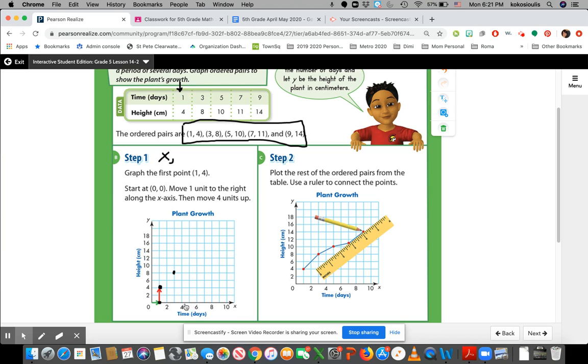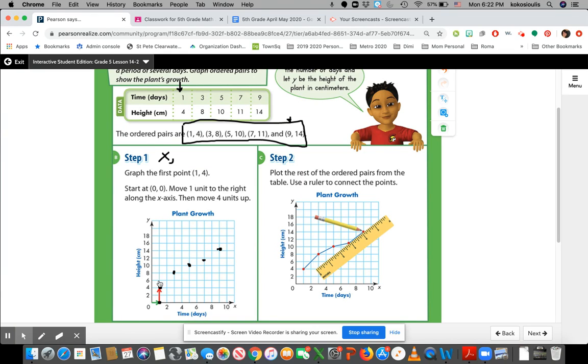He doesn't label 5, but I know what comes between 4 and 6. That's 5. And then I run 5 and rise to 10. Then I run to 7 and rise to 11. Now, 11 is a little bit tricky because it's right in the middle, right there. And then the last data point is I run 9 and I go all the way up to 14.